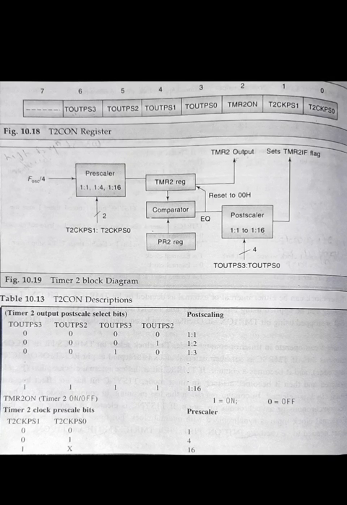The output of Timer 2 can be selected by the SSP module by software. The input clock can be prescaled from 1:1 to 1:16 by using the T2CKPS1 and T2CKPS0 bits in T2CON. T2CON is explained in figure 10.18.